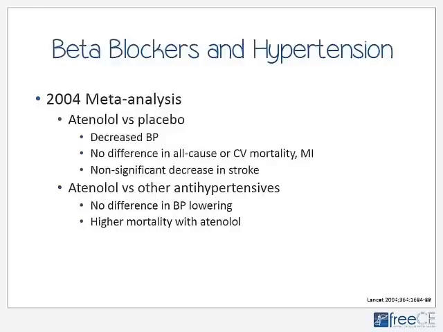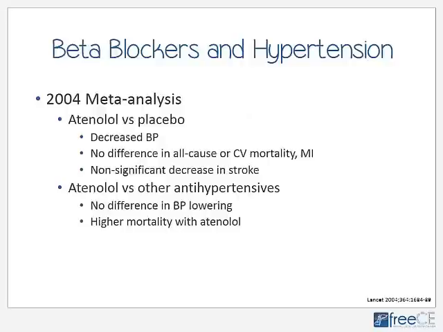So moving on to beta blockers, there's been a lot of chatter since JNC-7 was released about beta blockers. One of those was in 2004, when a meta-analysis was published showing really no difference and potentially some harm with atenolol compared to other drugs.